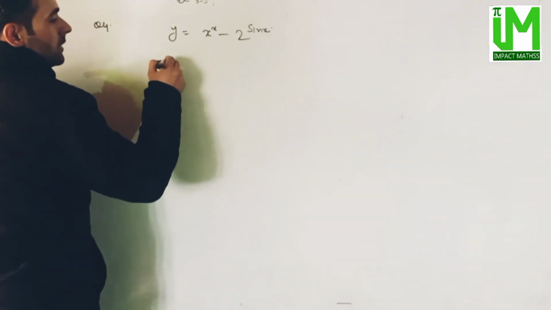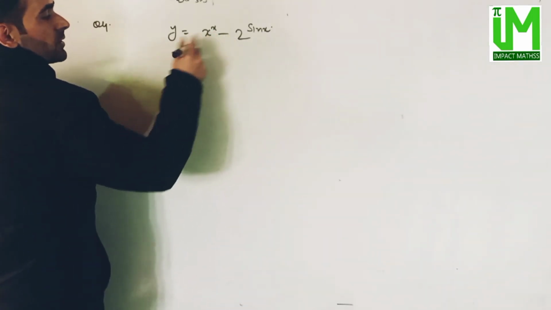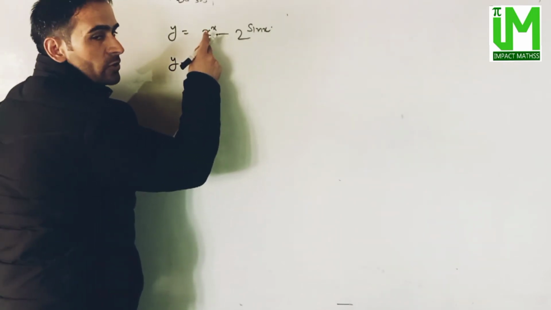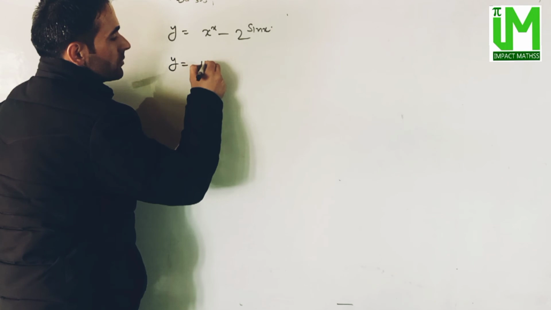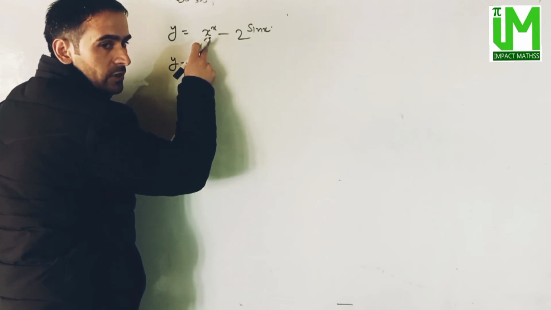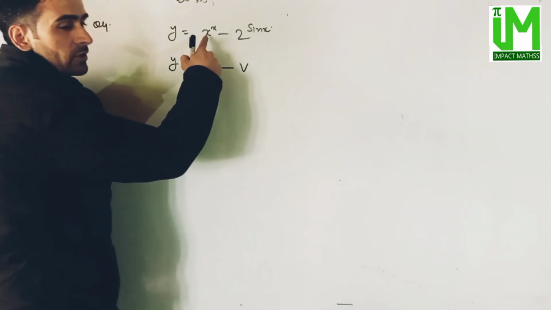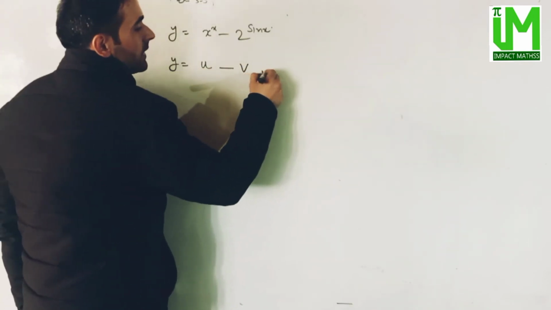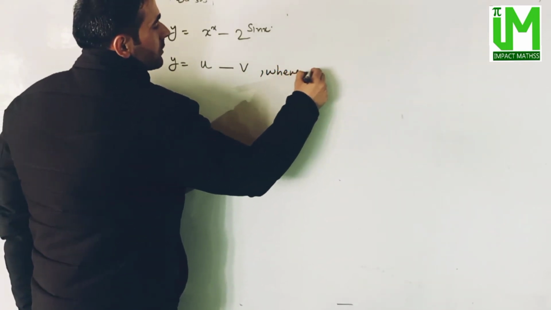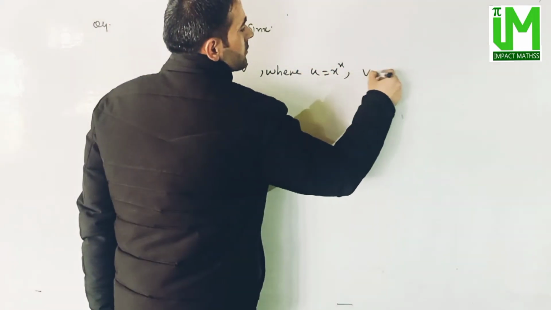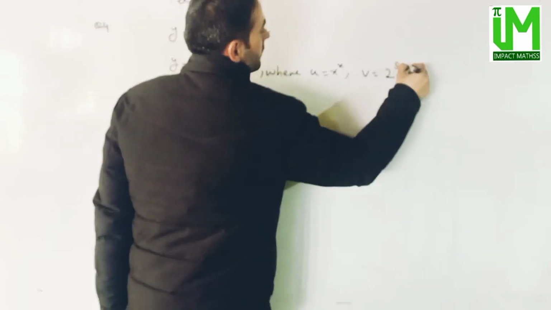So if we write here y is equal to u minus v. ठीक है, so y is equal to u minus v, where what is u equal to? U is equal to x raised to power x, and v is equal to 2 raised to power sin x.